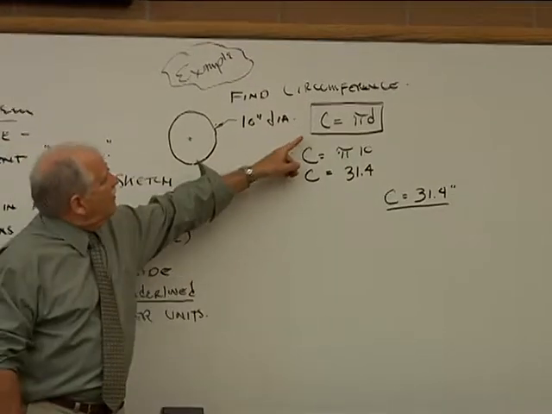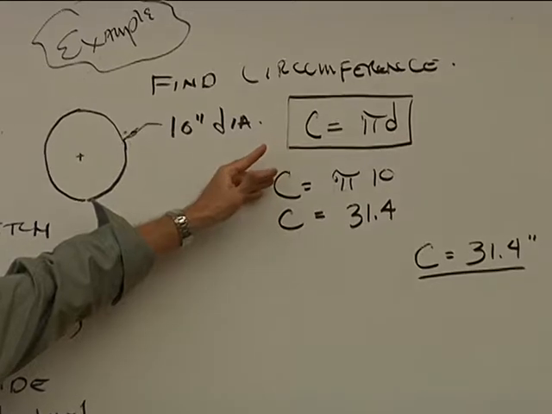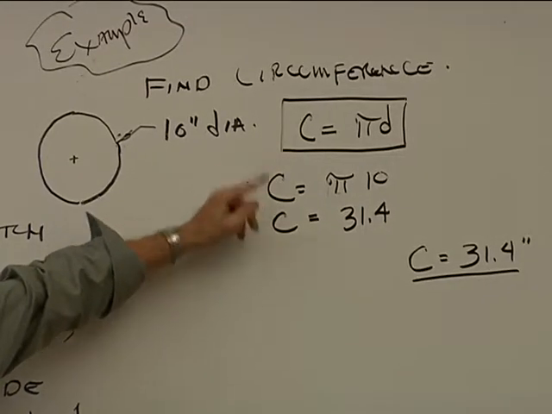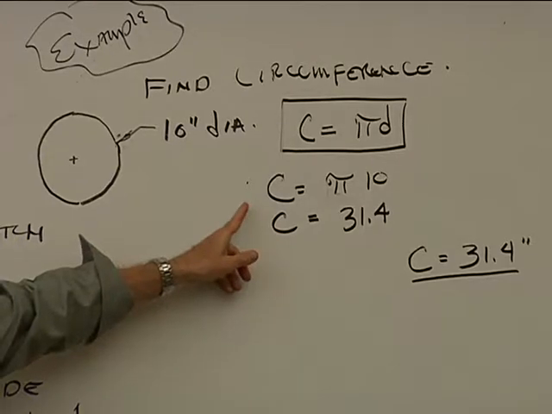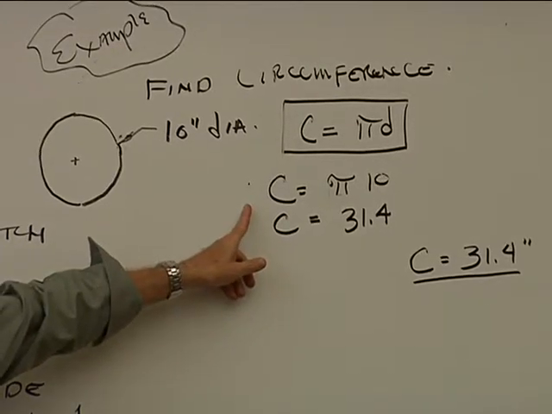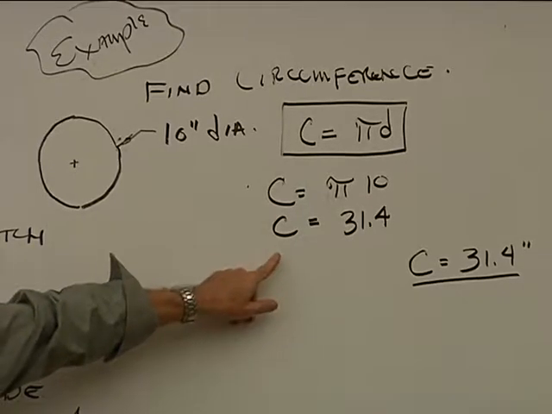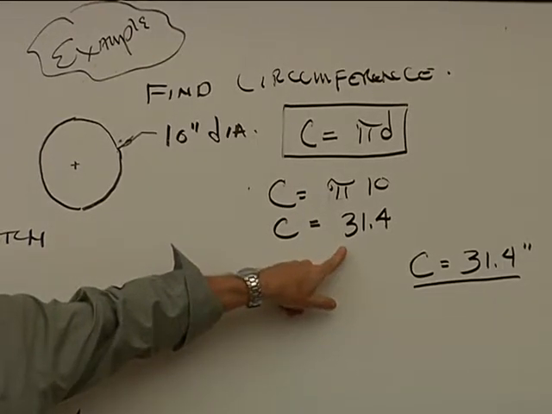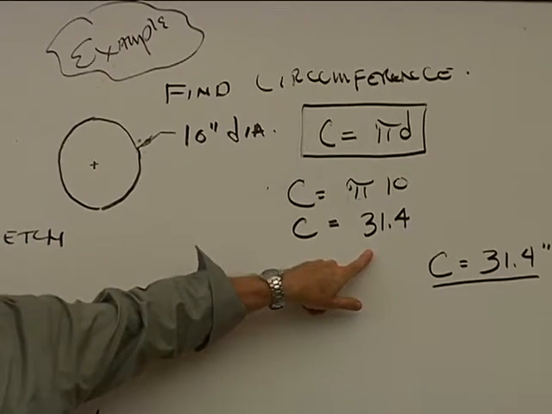The second step is right here in this box: C equals pi d. That's the formula we use for circumference. Then this is your third step. I made the substitutions to the formula. Very simple. Now I showed an answer here, which just verifies my computations.